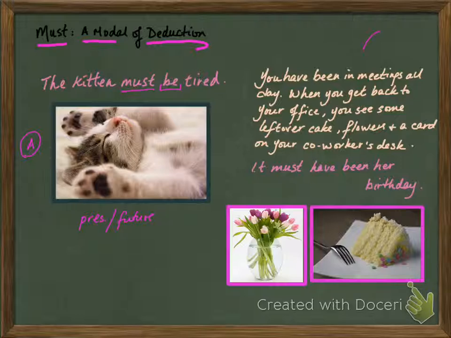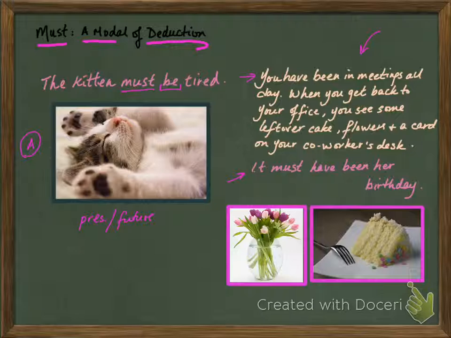If we come over and look at this example over here, we have a bit of background. It says, you have been in meetings all day. When you get back to your office, you see some leftover cake, flowers, and a card on your coworker's desk. You could guess that it must have been her birthday.